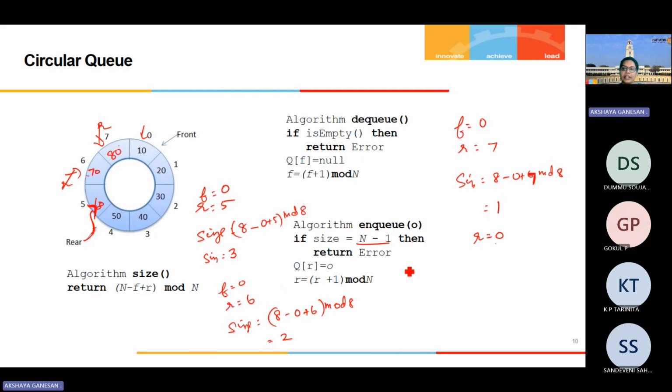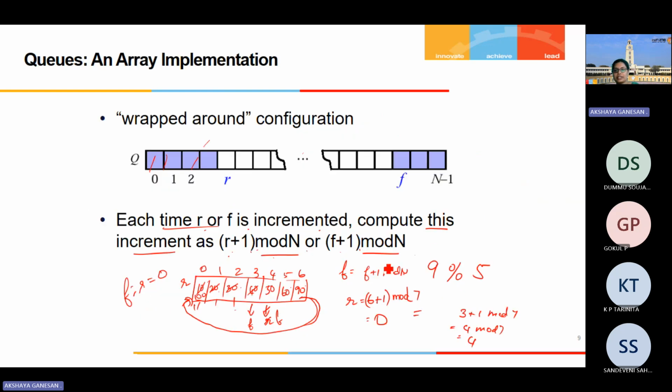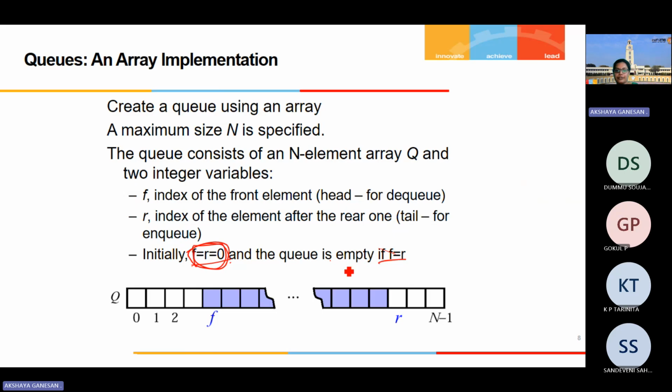So now F is equal to 0, R is equal to 0. Right? What will happen? F is also equal to 0, R is also equal to 0. And what does it mean? When F is equal to 0 and R is equal to 0, the queue is empty.